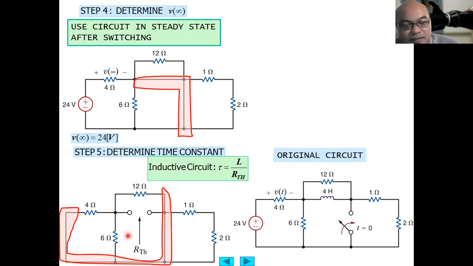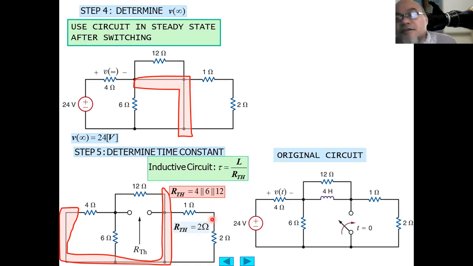So it means these 3 resistors are in parallel: 4 parallel 6 parallel 12. This one is not considered anymore, because it is short circuited and already grounded. So we only obtain it from 4 parallel 6 parallel 12. 1/4 plus 1/6 plus 1/12 equals 3/12 plus 2/12 plus 1/12, which is 6/12.